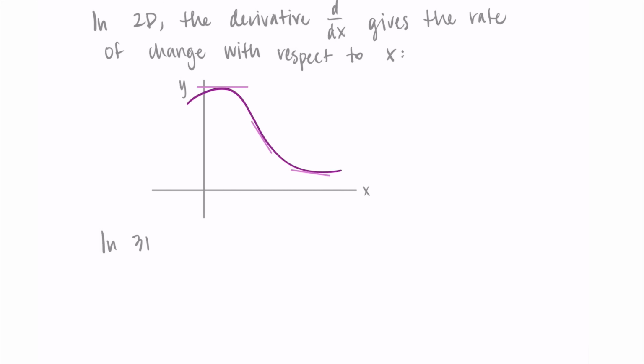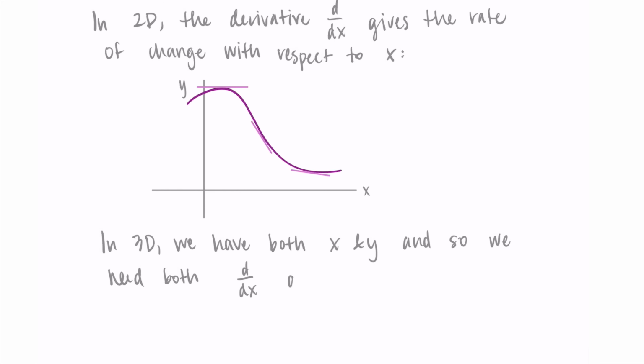So in 3D, we have both x and y as inputs, and so we're going to need both the change in x and the change in y to talk about rates of change. So we need both the change with respect to x and the change with respect to y, so the derivative with respect to x and the derivative with respect to y, to talk about rates of change.